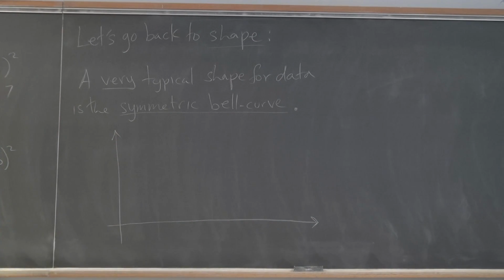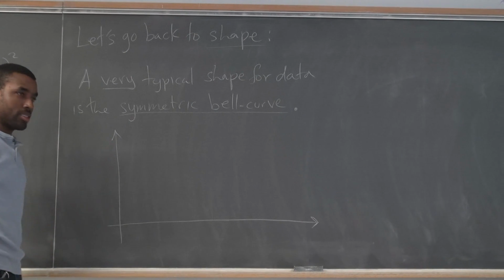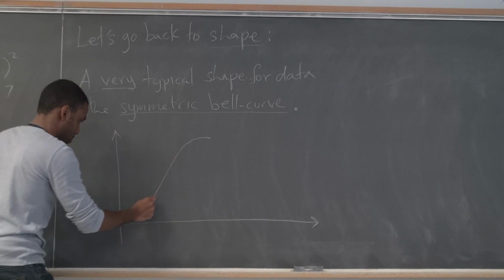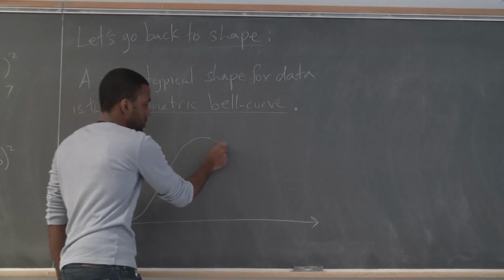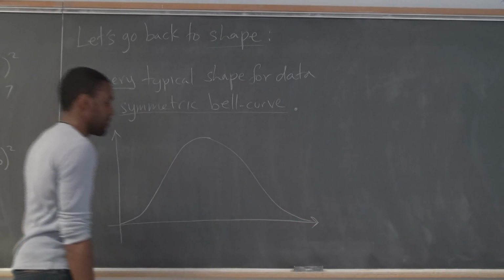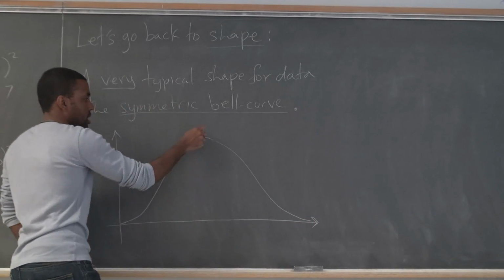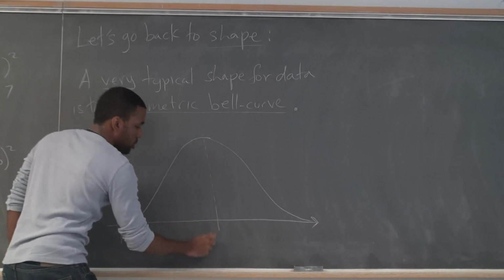Especially anything that has to do with human beings, normally if you take statistics on it and plot the graph, the graph will have this shape. Which means it's symmetric, which means the best average to use would be the mean.